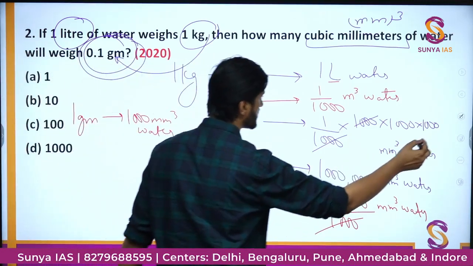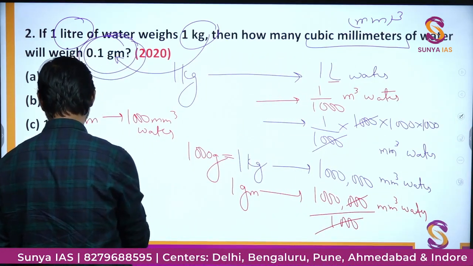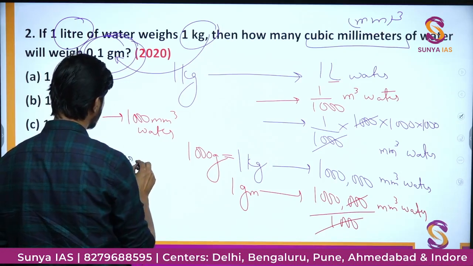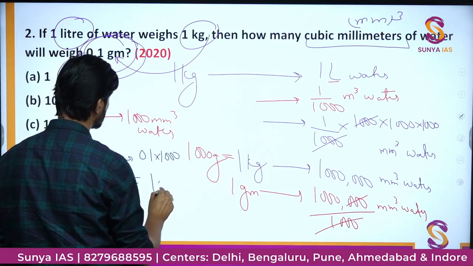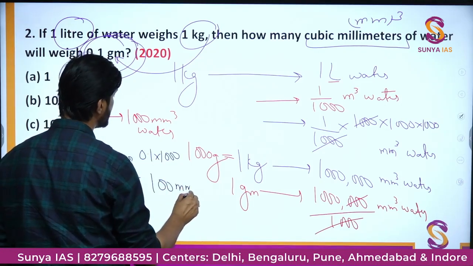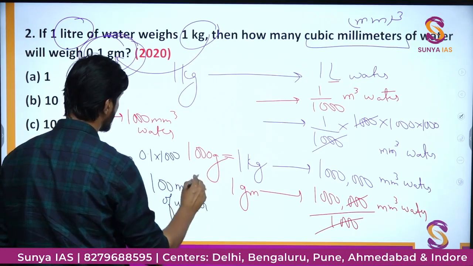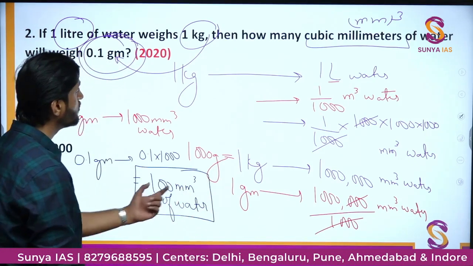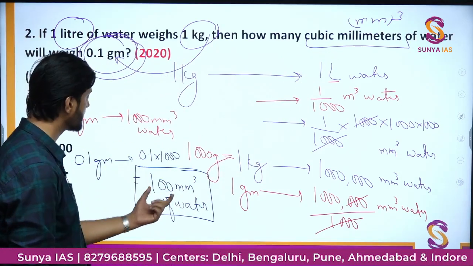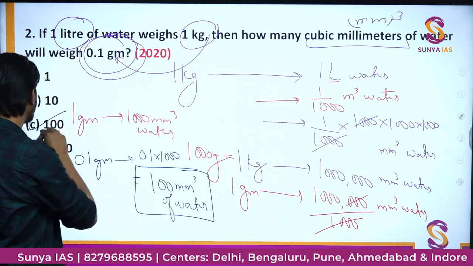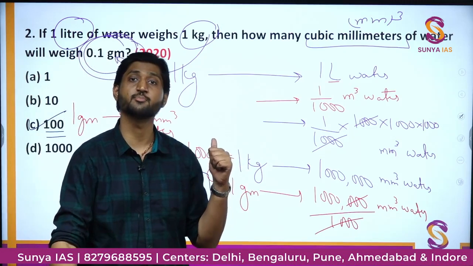And finally you can say that 0.1 gram will be contained in 0.1 into 1000, that is 100 millimeter cube of water. And this is what is being asked, that in how many cubic millimeters of water we have 0.1 gram. So that answer is 100 millimeter cube. That is option number C is going to be the correct option in this particular case.